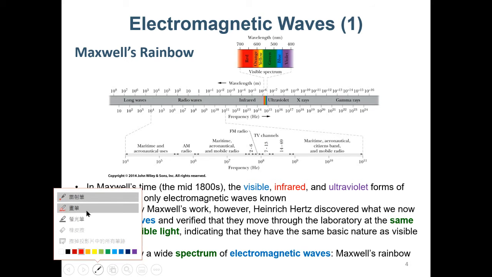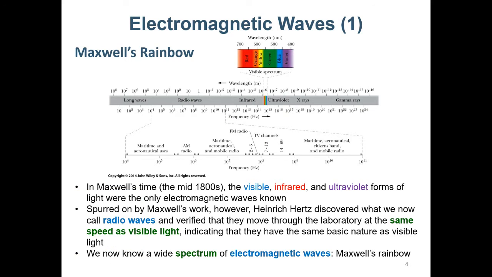In chapter 38, you learn that E equals hf, where f is the frequency of the light, of the photon, and h is the Planck constant, 6.63 times 10 to the minus 34.